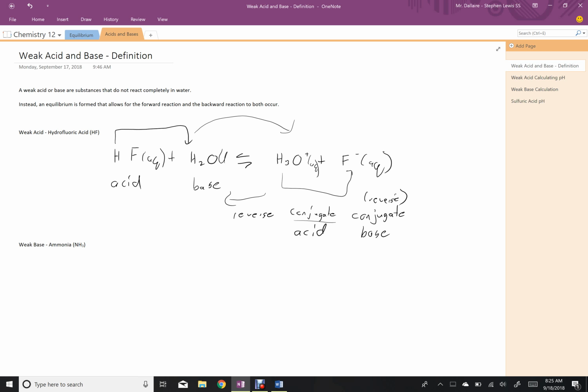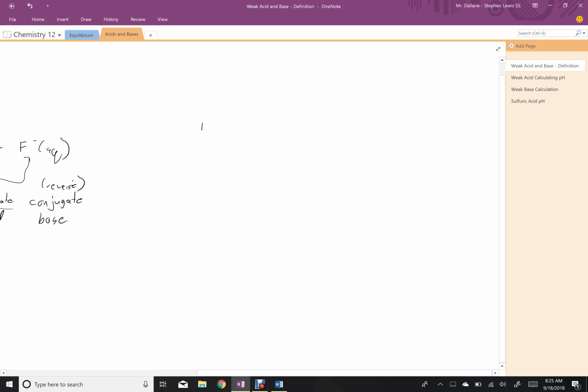Let's contrast this with a strong acid like HCl. HCl in water will form H3O+ and Cl-, basically the same reaction where the H+, or the hydrogen ion, will be donated to the water to form the hydronium, and the chloride will exist on its own.